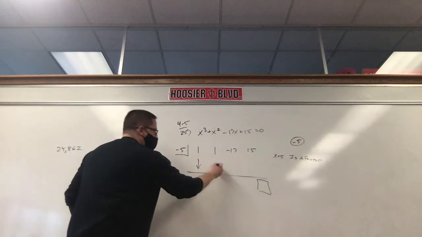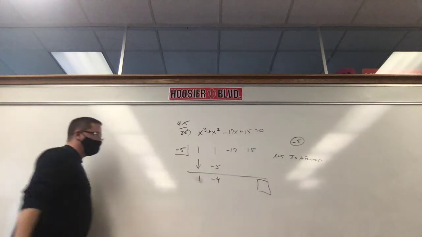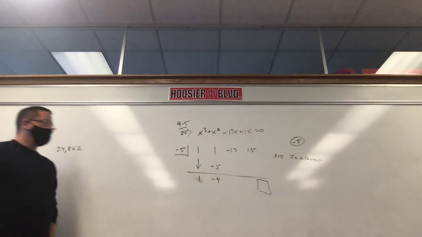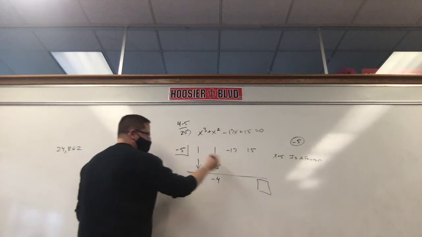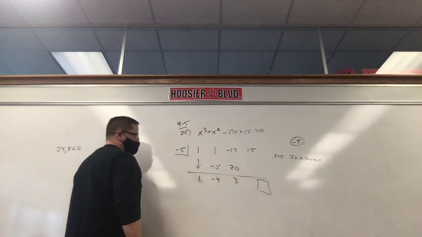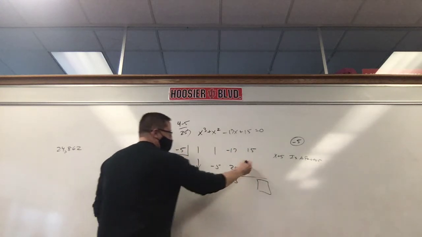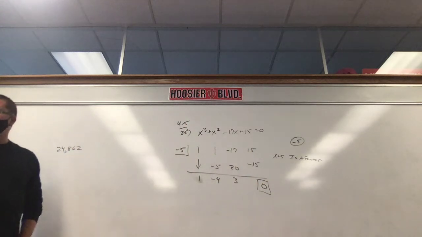Then add these and get -4. Then multiply -4 and the magic number, -5. That's 20. Then we add to 3. We times to -15. We add to 0. How about that? It's a 0. It better be 0.